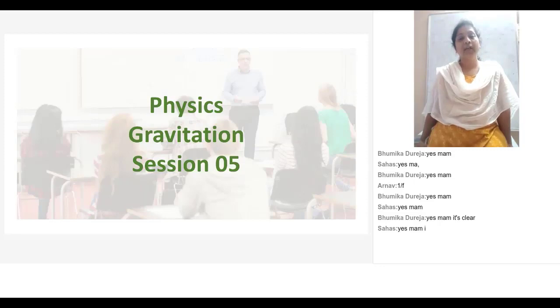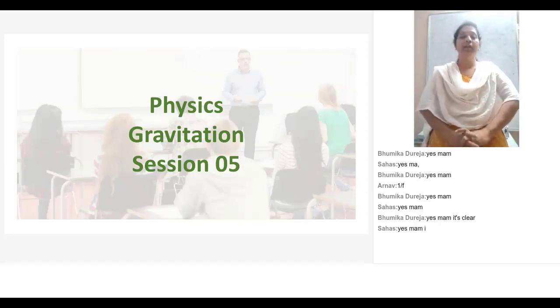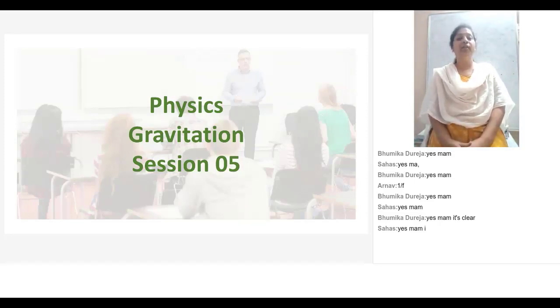So Copernicus gave the heliocentric theory, whereas Ptolemy gave the geocentric theory. Helio means sun. So the Copernican or heliocentric theory says that the sun is at the center and all other planets are revolving around the sun in circular orbits of different radii. This is what was said by Copernicus.